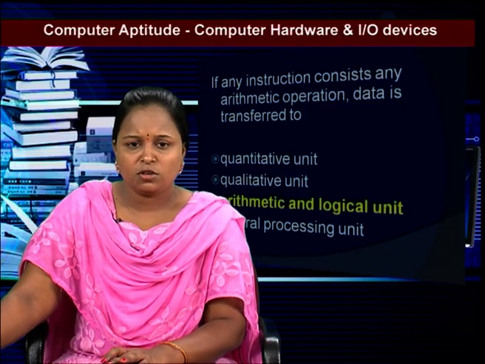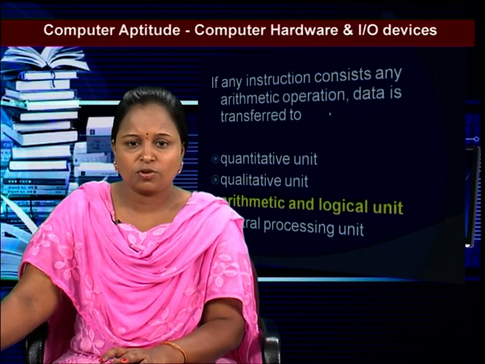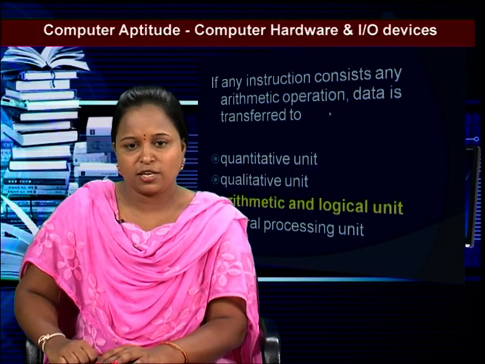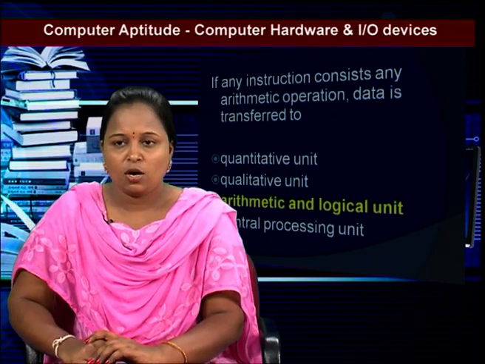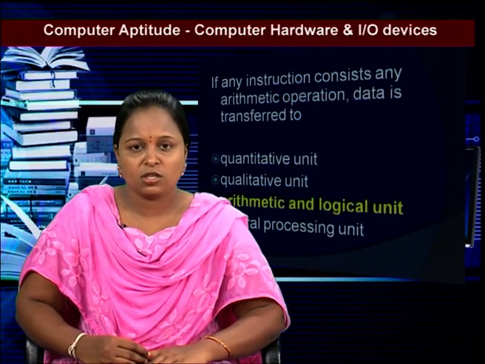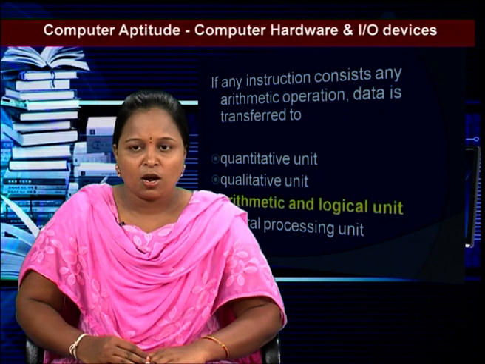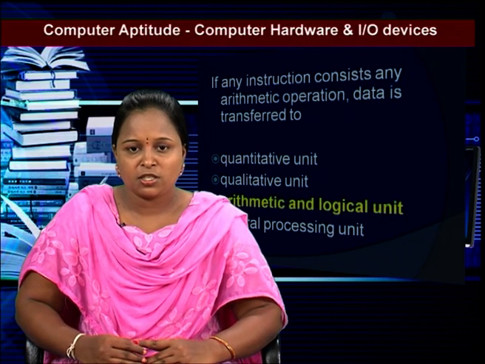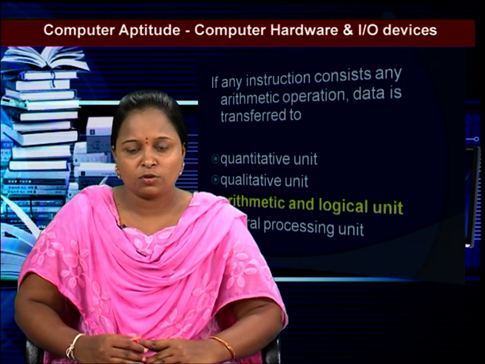Next, if any instructions consist of arithmetic operations, the data is transferred to the arithmetic and logical unit. Sometimes in Excel you do addition, subtraction, multiplication, types of arithmetic operations in the system.